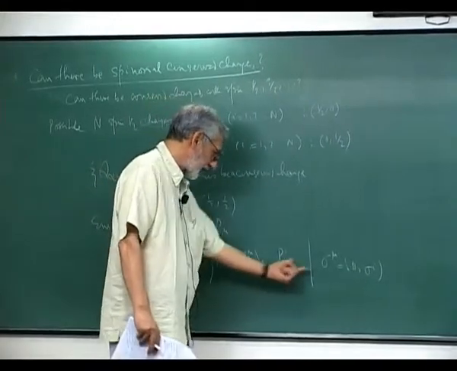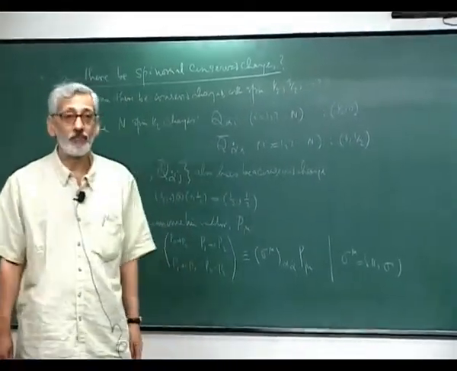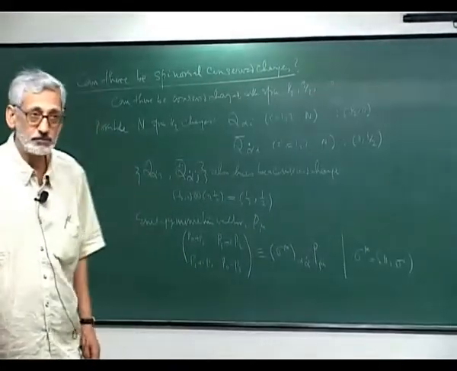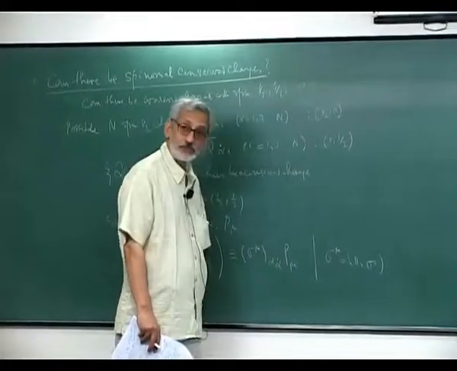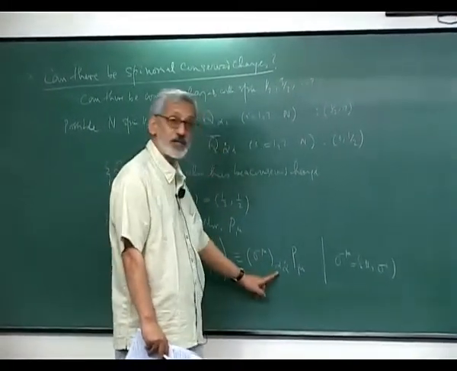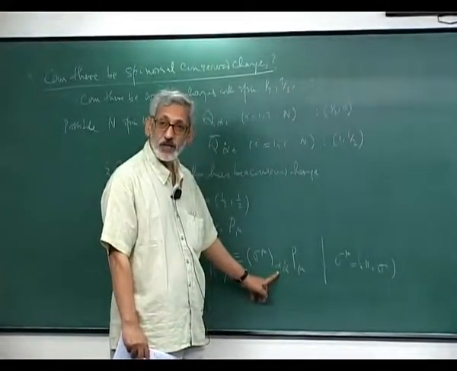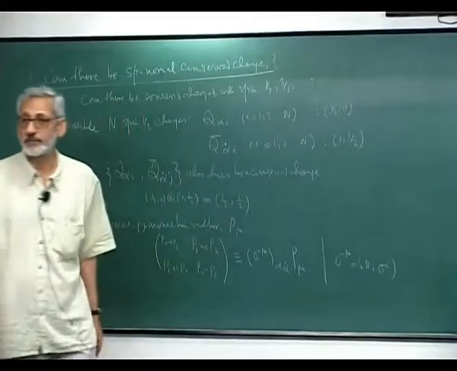So if you put that in here, that's exactly this matrix. And sigma mu alpha alpha dot under Lorentz transformation, alpha transforms like spin half, and alpha dot precisely transforms as half.